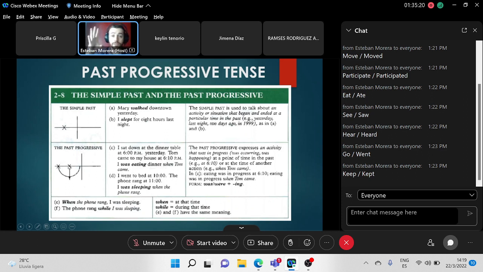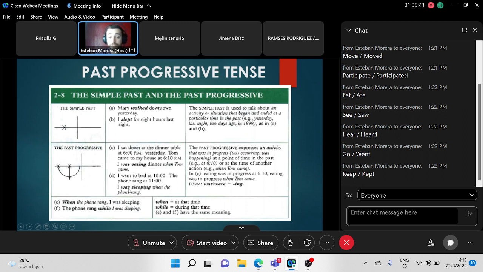But suddenly Tom came, and Tom interrupted the action in the past progressive tense.